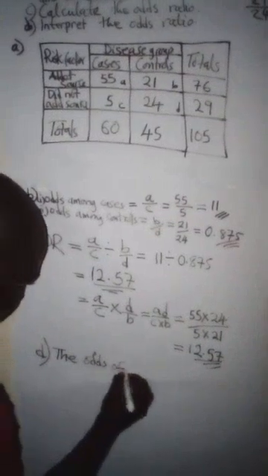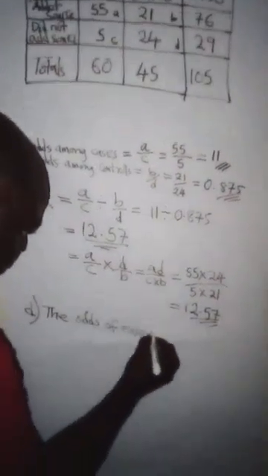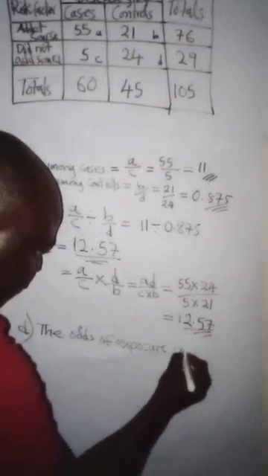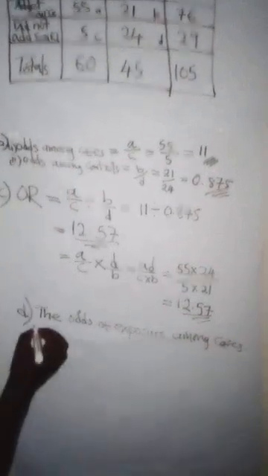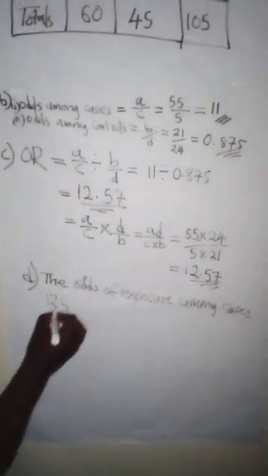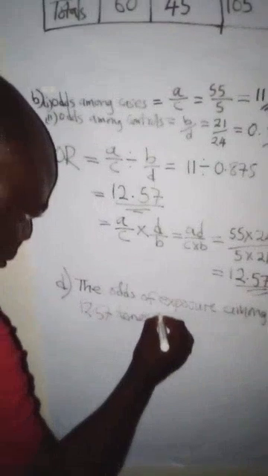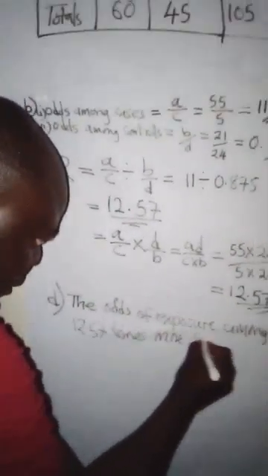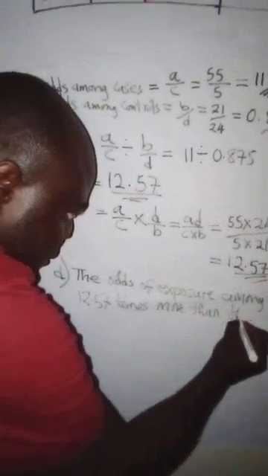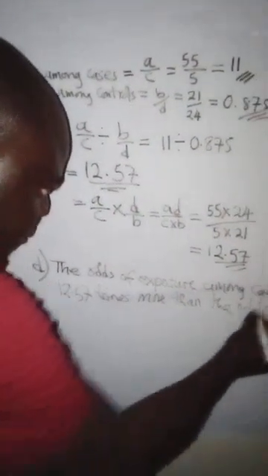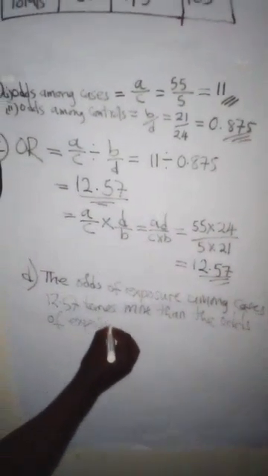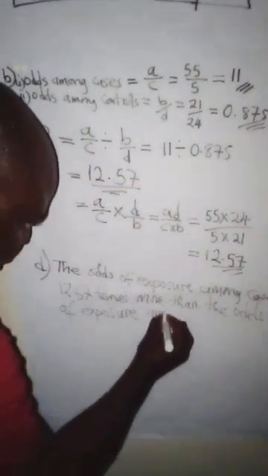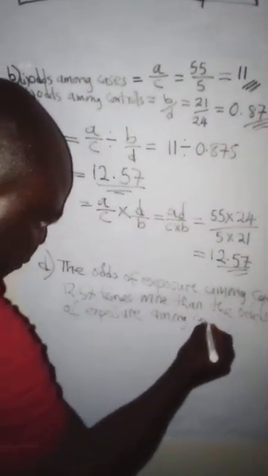The odds of exposure among cases was 12.57 times more than the odds of exposure among controls.